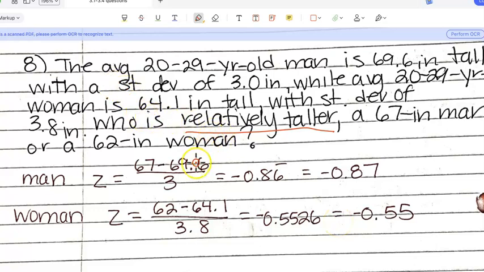So more below the mean, in this case, means shorter. The man's value is more negative. It's further away from that mean. So who's relatively taller? The 62-inch woman, because she is closer to the mean than the 67-inch man.